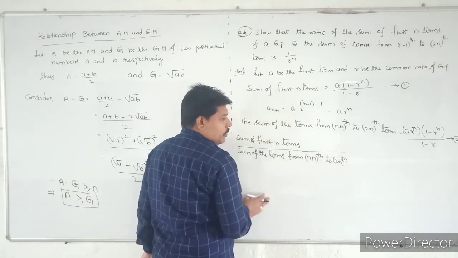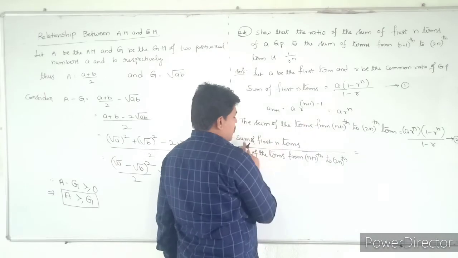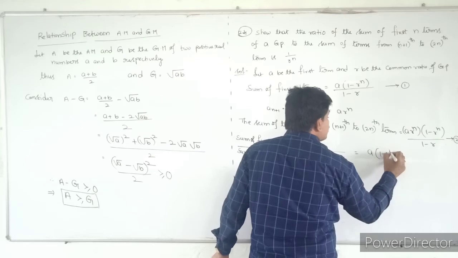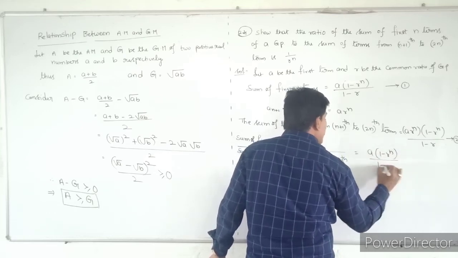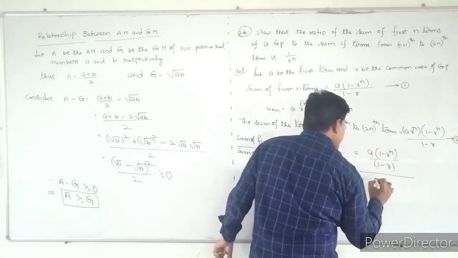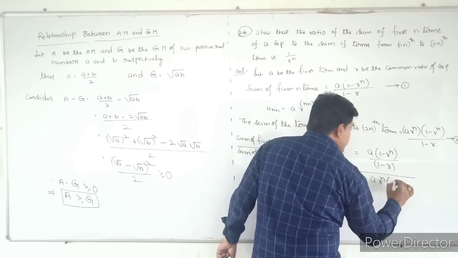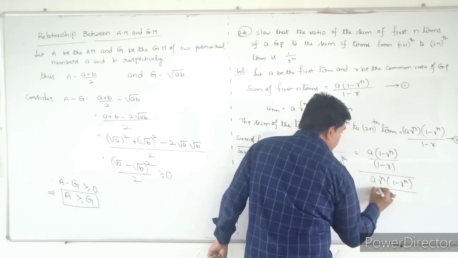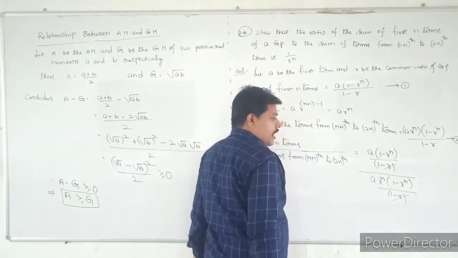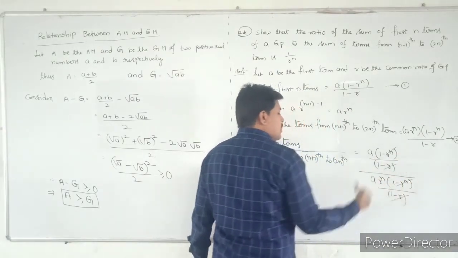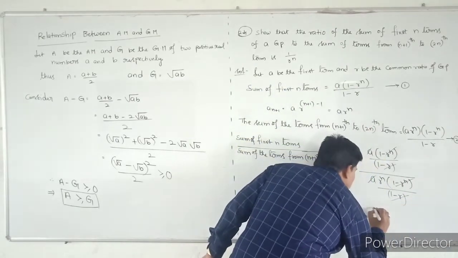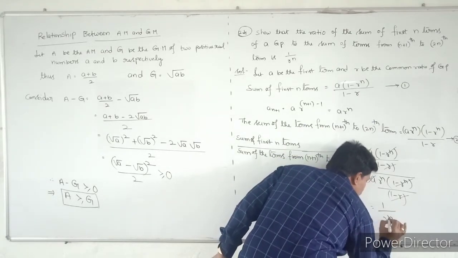What is that value? You have already calculated. The sum of the first n terms is a into 1 minus r power n by 1 minus r, whole by a into r power n into 1 minus r power n by 1 minus r. So 1 minus r will be cancelled, 1 minus r power n will be cancelled, a will be cancelled. This value will become 1 by r power n.